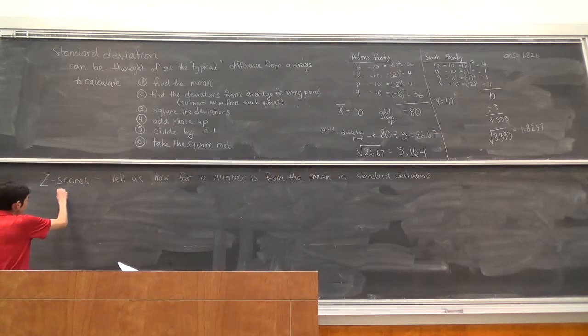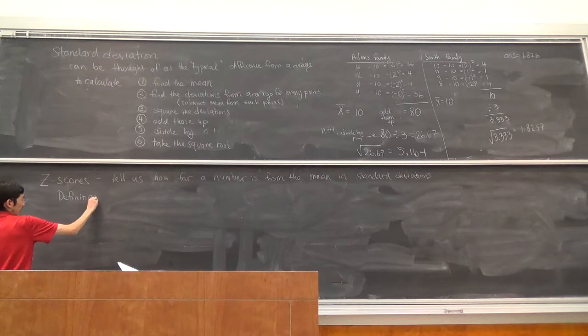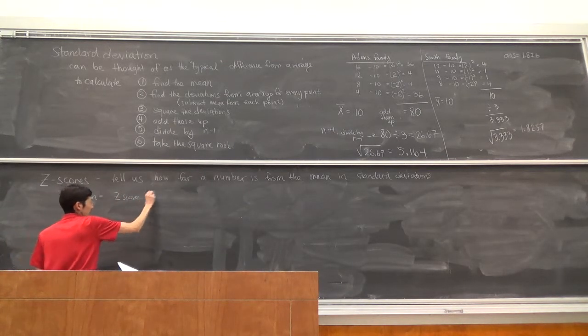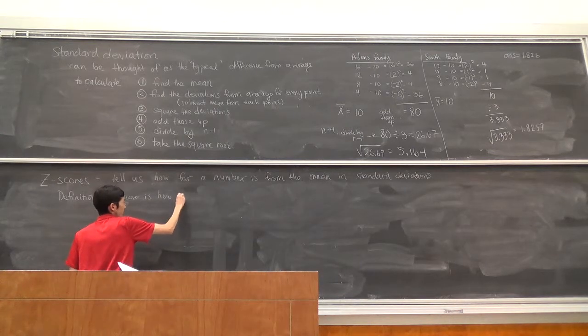Or the definition of a z-score: a z-score is how many standard deviations a point is from the mean.